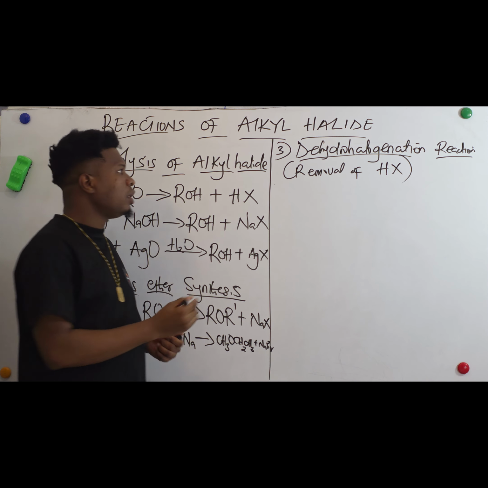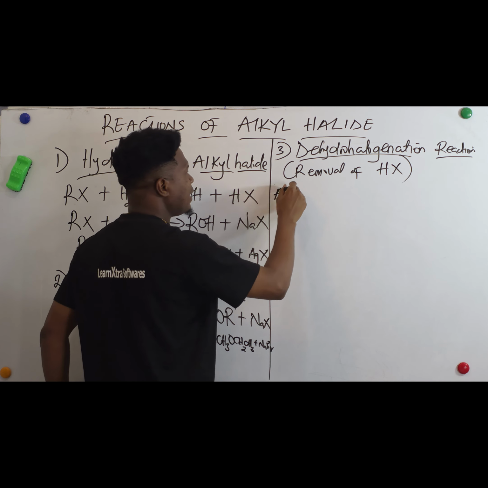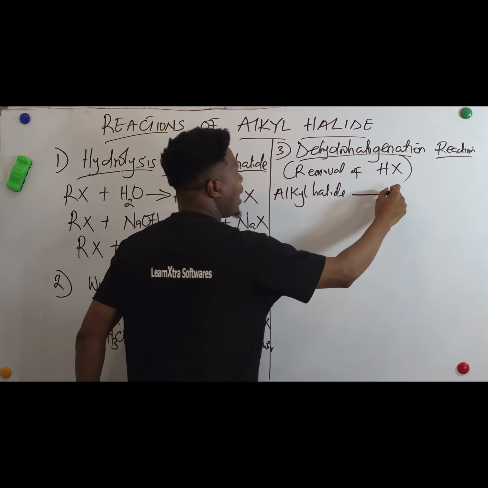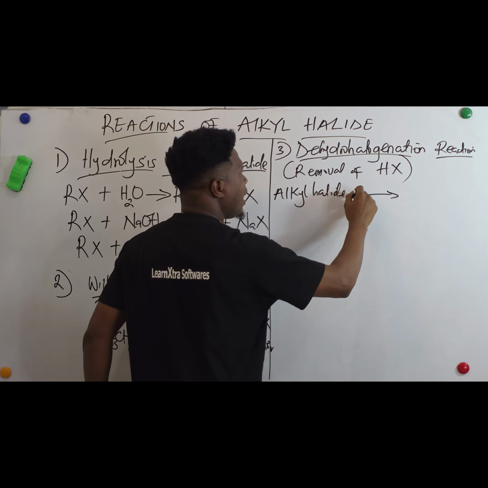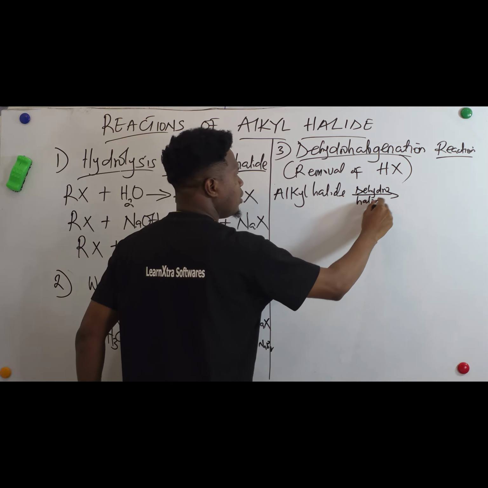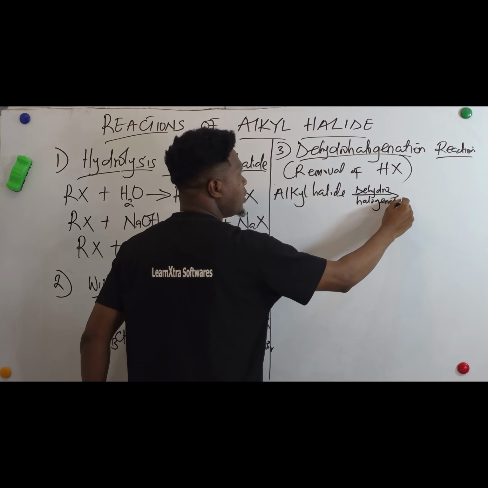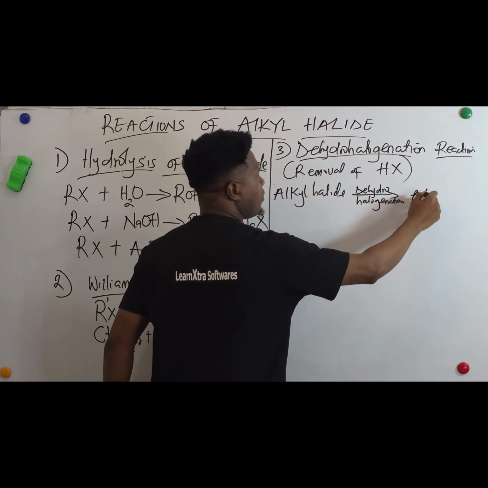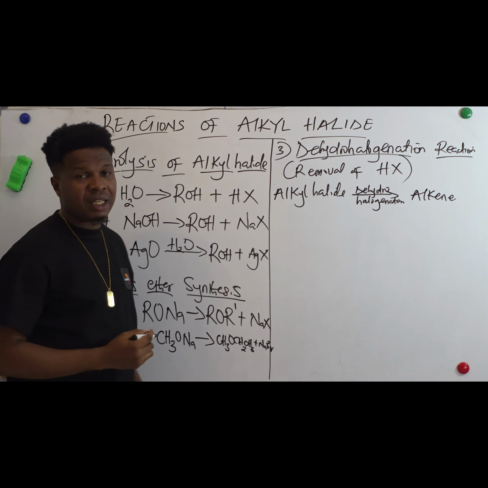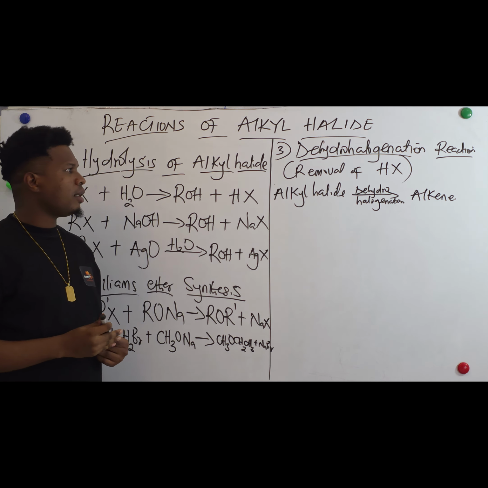So this reaction, if you have an alkyl halide and you are undergoing dehydrohalogenation, okay? If you undergo dehydrohalogenation of this alkyl halide, what you have here is an alkene, okay? So this is an elimination reaction. It's an elimination reaction that involves the removal of HX, okay?